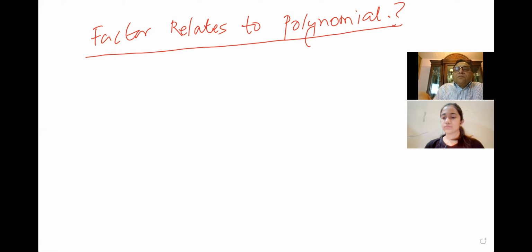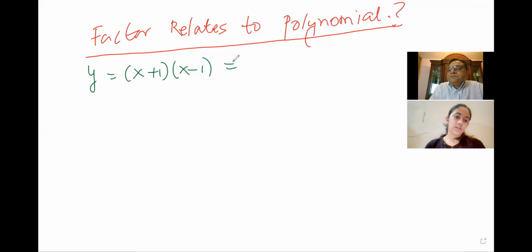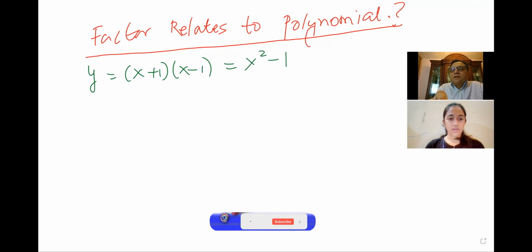For example, you have this factored form of y equals, let us say, x plus 1 times x minus 1. What is this equal to? Tell me. x squared minus 1. This is a difference of squares, right? When you multiply, this is what you get. You remember the multiplication formula?